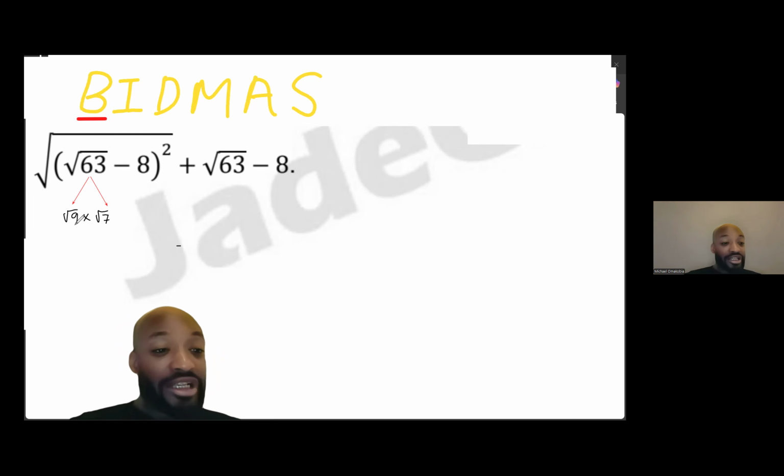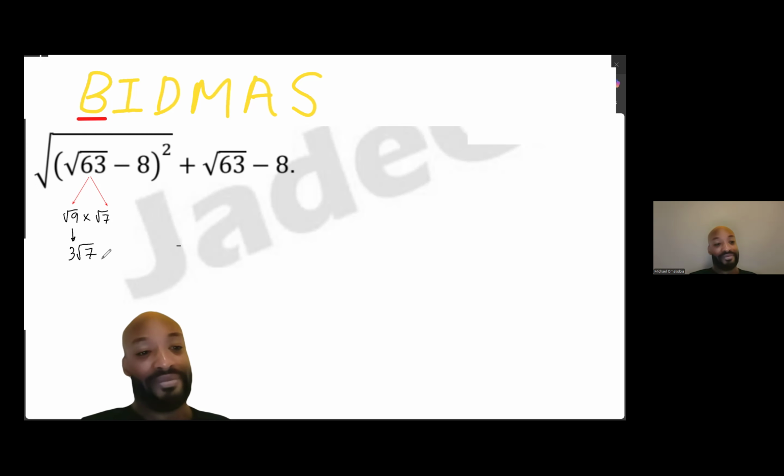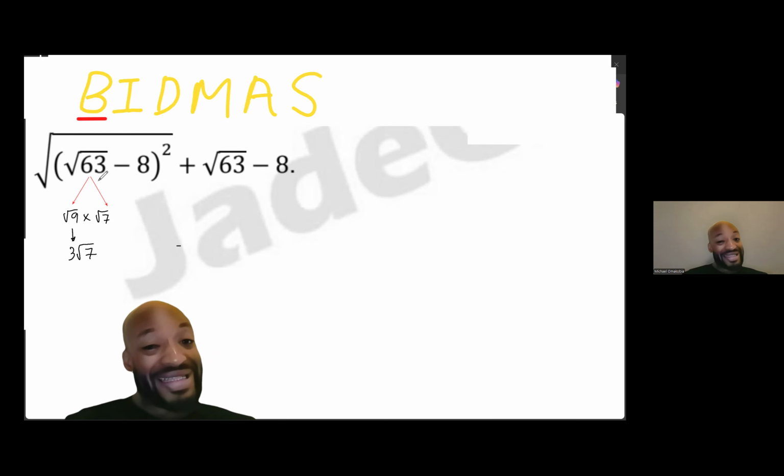And we know that the square root of 9 is 3, and the answer to root 7 is going to be irrational, so we're going to leave it as root 7. So simply put, root 63 simplifies down to just 3 root 7.